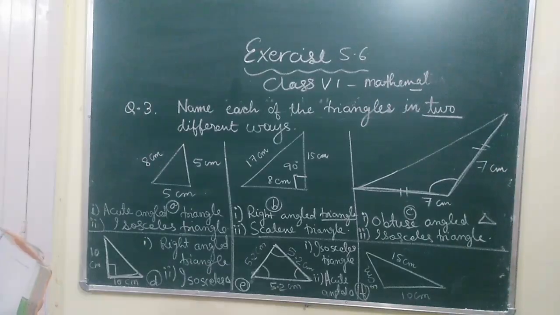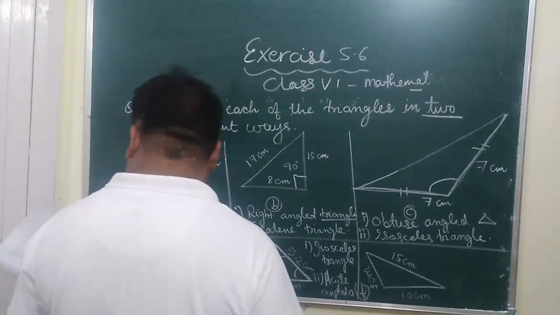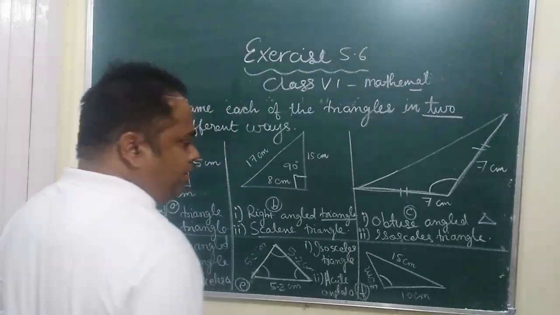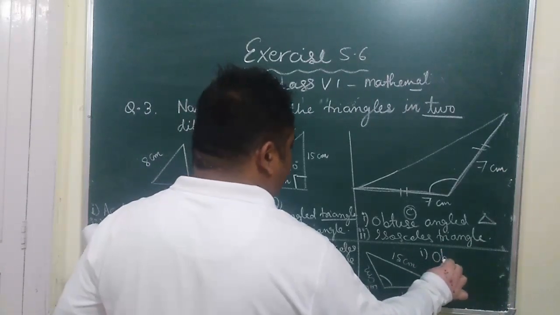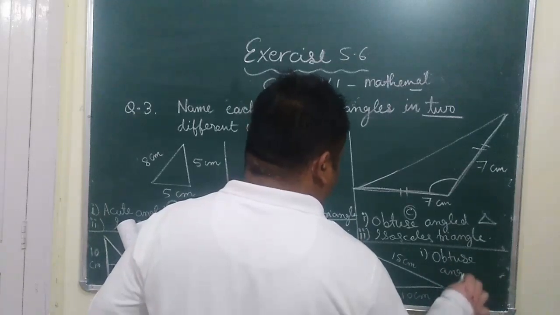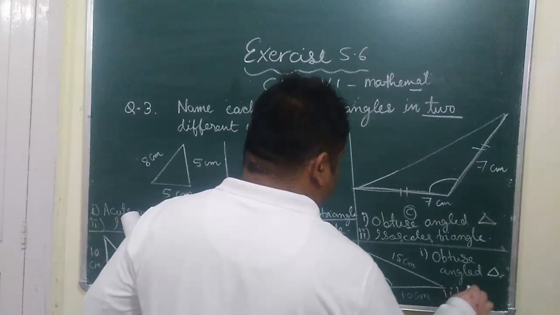In this, the last one is, one obtuse angle is there and none of the sides are of same length. So we'll write it as obtuse angled triangle, and second is scalene triangle.